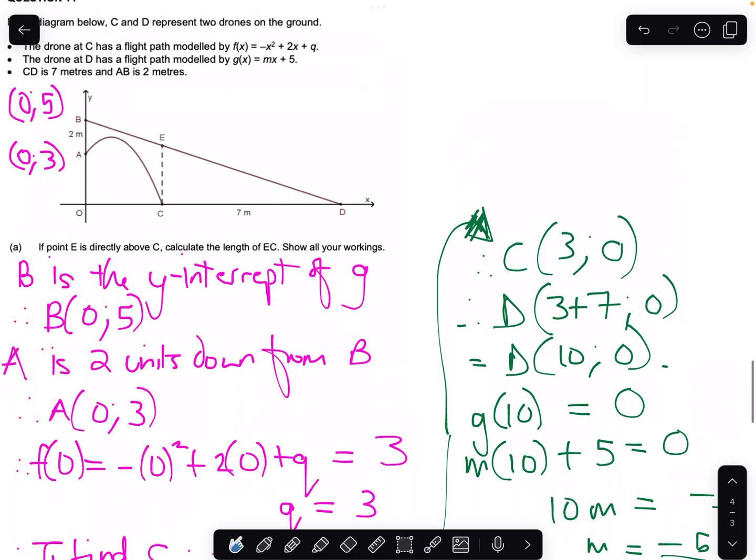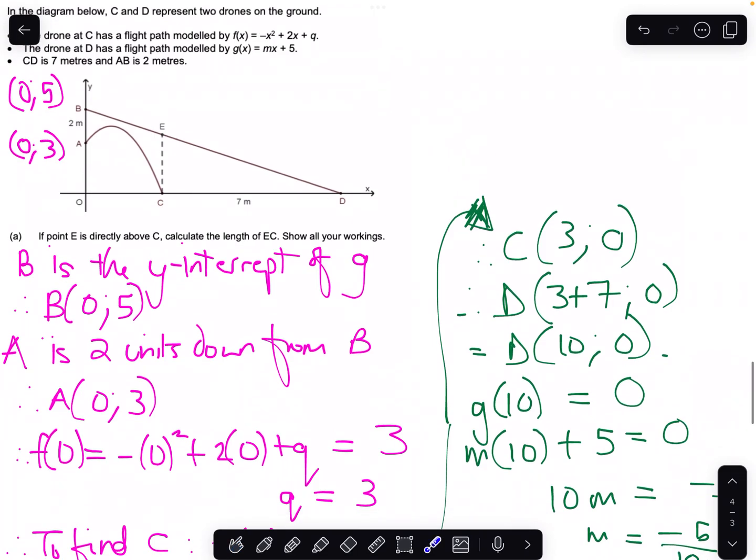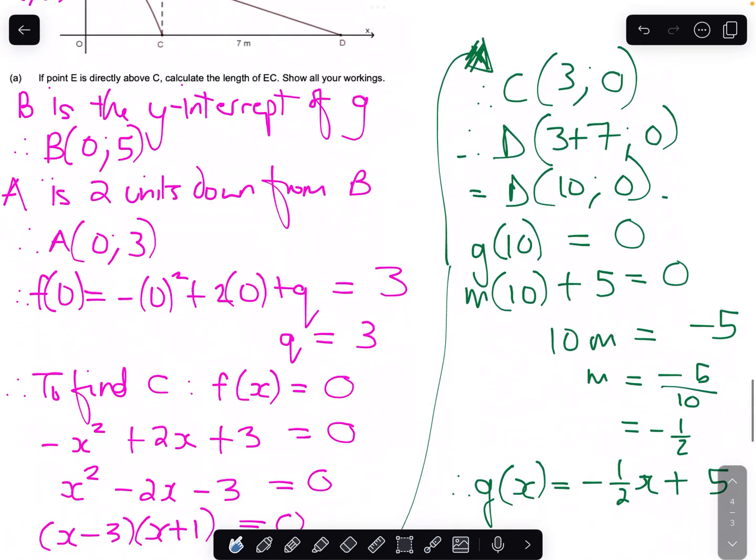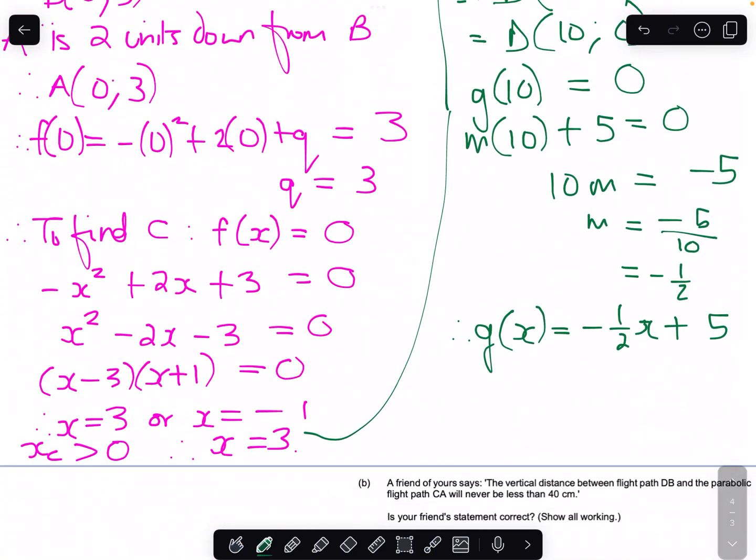And now we want to find the coordinates of E, and E has an x-coordinate of 3, the same as C. So x_E is equal to x_C is equal to 3. So now we're going to find, well, what is the value of the function when x is equal to 3? It will be minus a half times 3 plus 5.